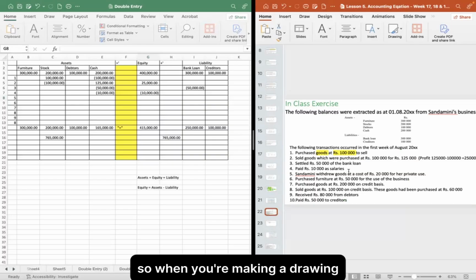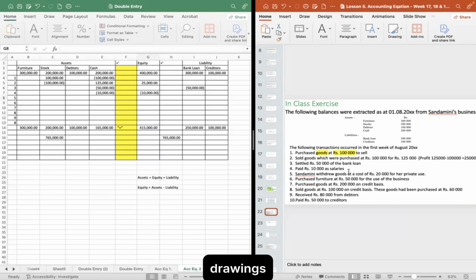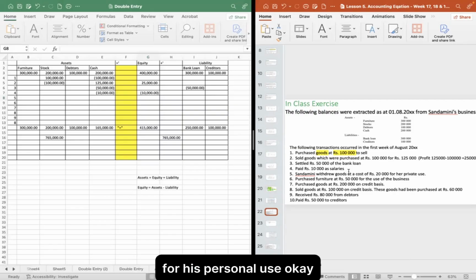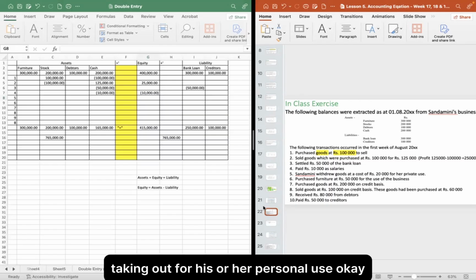So when you are making a drawings කියන දෙයක් වෙද්දී it could be either cash or from goods. Drawings කියලා කියන්නේ business එකෙන් අයිතිකාරයා තමන්ගේ පුද්ගලික පාවිච්චියට සල්ලි ගන්නවා. Drawings means owner is taking either money or goods in the business for his or her personal use.